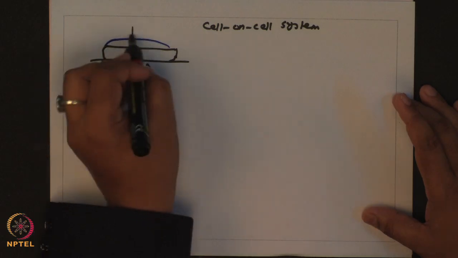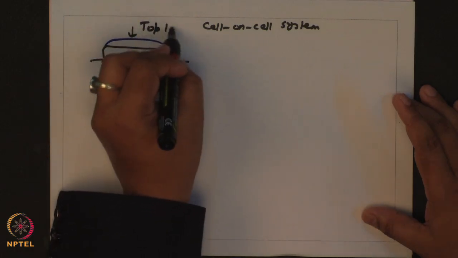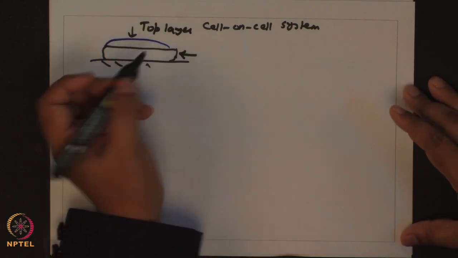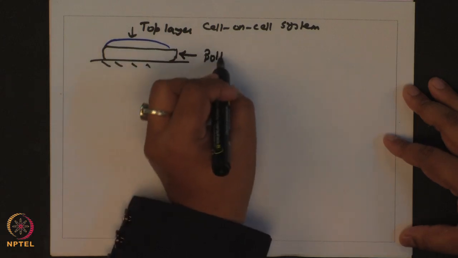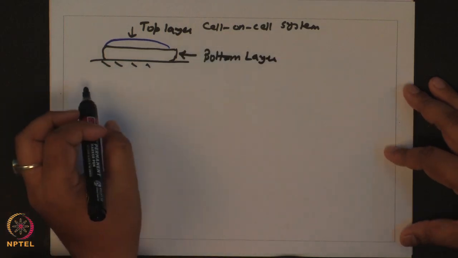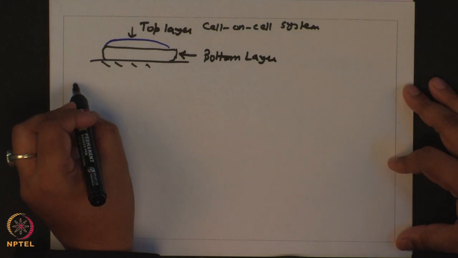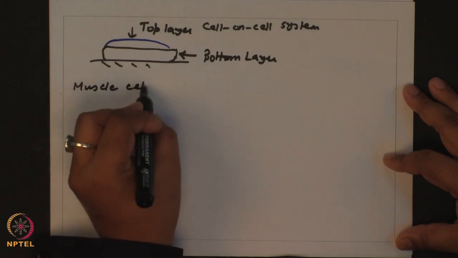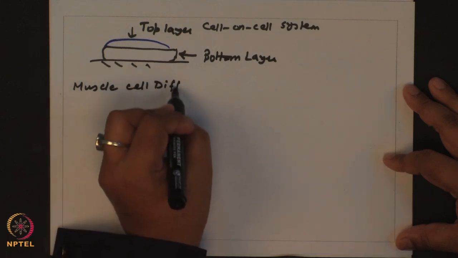And so, this is the top layer of muscle cells which finally fuse to form myotubes, and this is the bottom layer. I had previously discussed the effect of stiffness on muscle cell differentiation. Okay.